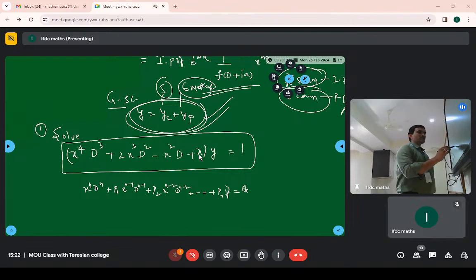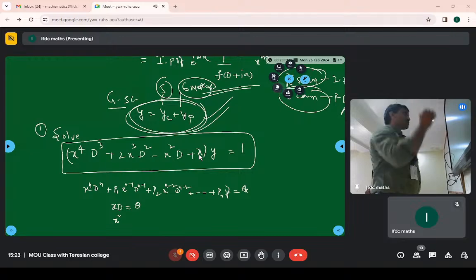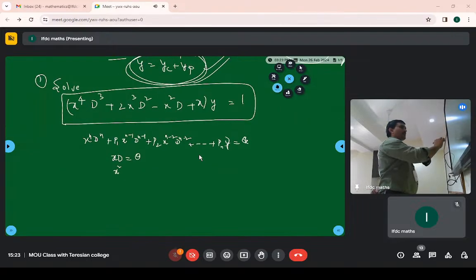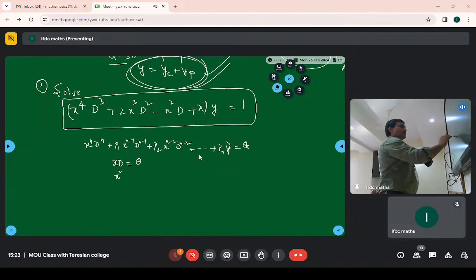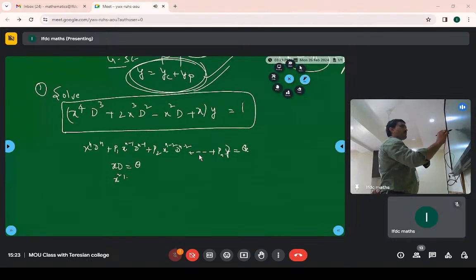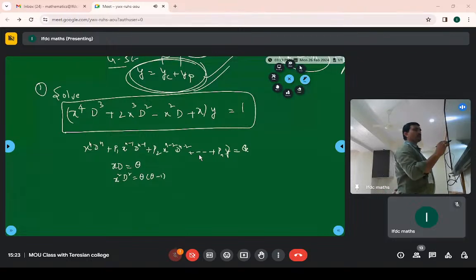Then in these cases we need to substitute x d by theta, and x square d square by theta into theta minus 1. We have a procedure to find this: x cube d cube can be replaced with theta into theta minus 1 into theta minus 2.